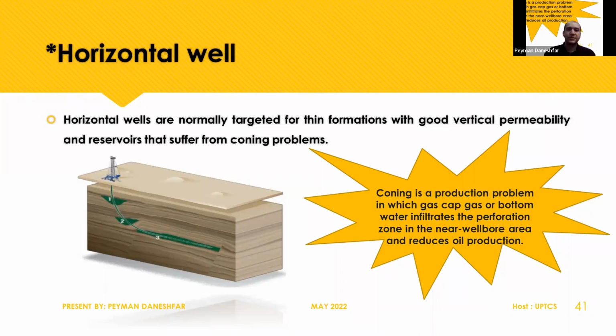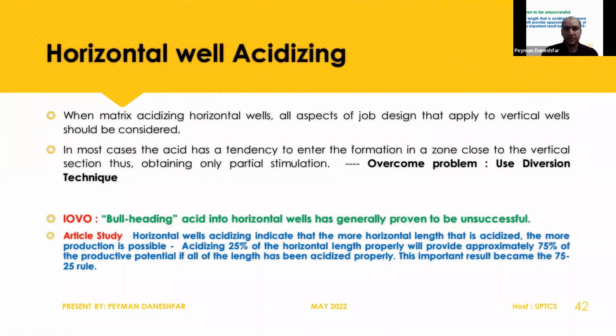I think that you know it better than me, but acidizing in a horizontal well is more important than in the vertical well. In a horizontal well, all aspects of design in a vertical well, we should consider in a horizontal well. But we cannot ball head the acid into a well as in the vertical well.